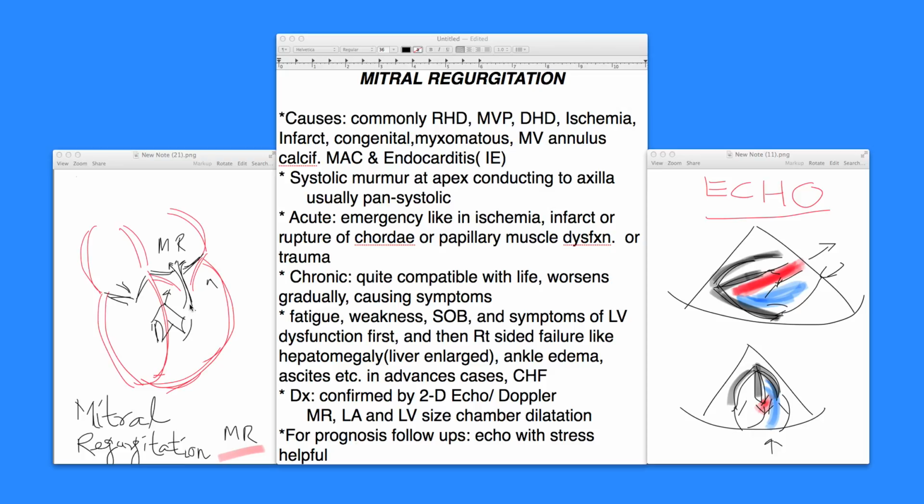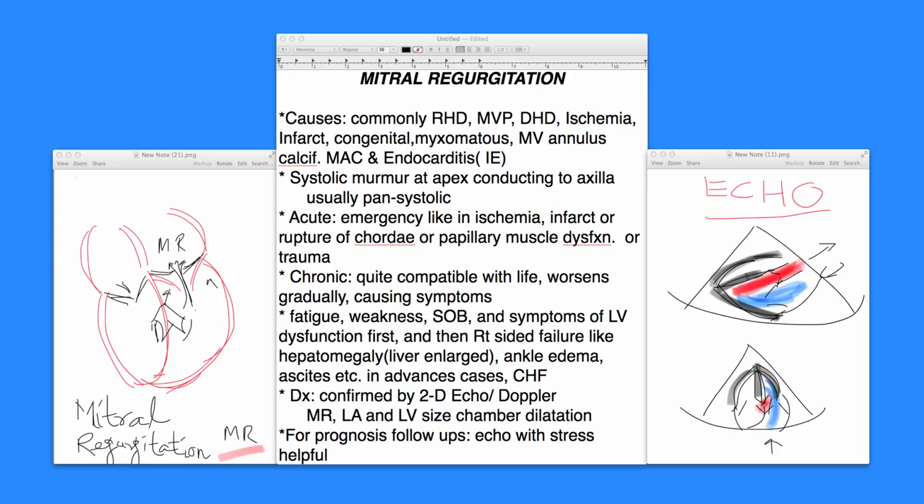Now those are emergencies, by the way, and we call them acute MRs. Like I've said here, it's an emergency situation where the patients actually end up in the surgical ICU and soon into the operating room to get the mitral valve replaced or repaired.